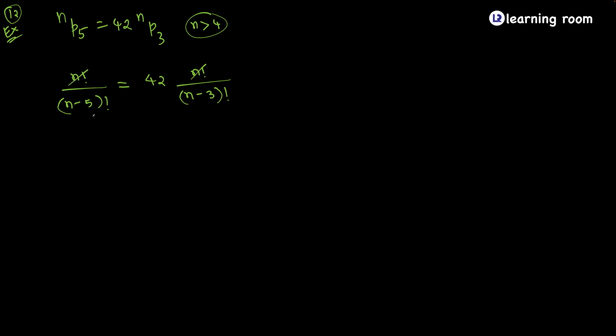So among n minus 5 factorial and n minus 3 factorial, which one is more? n minus 3 factorial is more. Because since n is common, from a number, if you subtract 5, it will become small compared to you subtracting 3. So you can write this as 42 divided by, same logic, n minus 3 into n minus 4 into n minus 5 factorial.